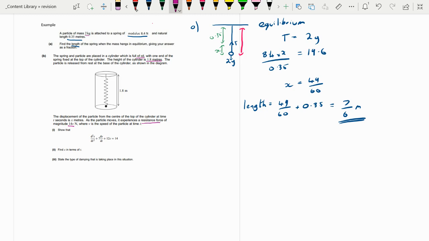So let's get a diagram drawn. It's pulled all the way to the bottom. It's still going to have 2g pulling it down, and tension pulling it up. It's also going to have its resistive force moving up, which I'll show with a little arrow going up, is 14v, so 14x dot.